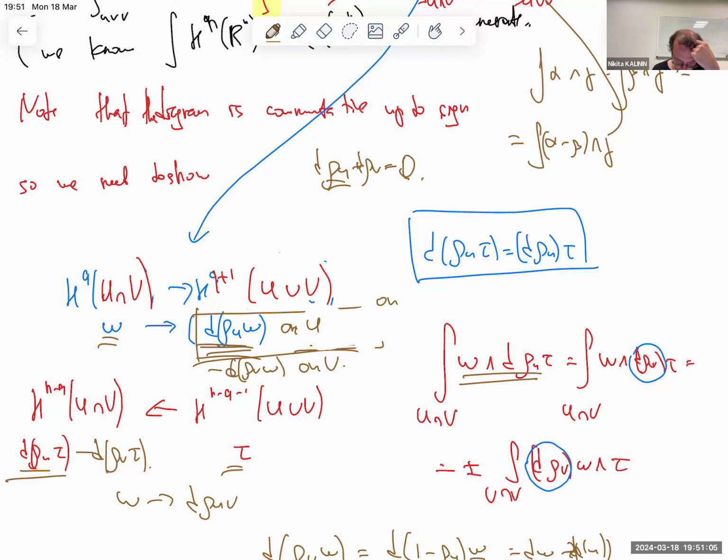Because on the intersection, d rho u v is equal to minus d rho v, since both of them are defined there. Because their difference is zero, right? So the difference of these two things is zero. And the same with tau.